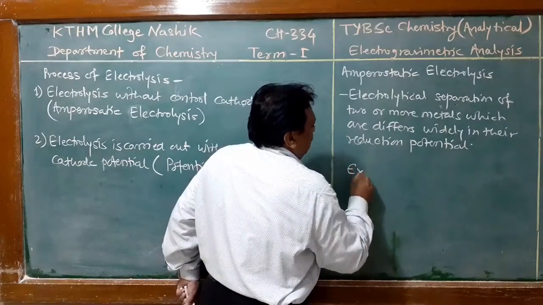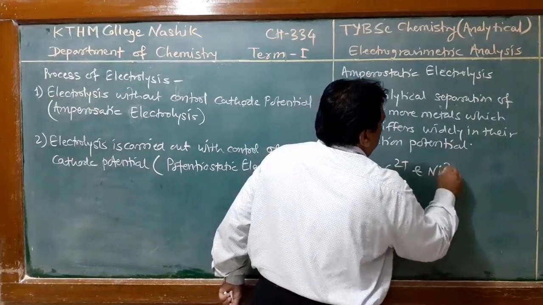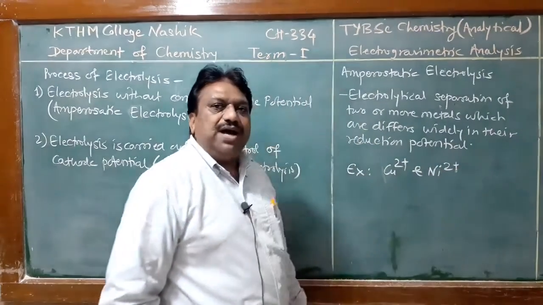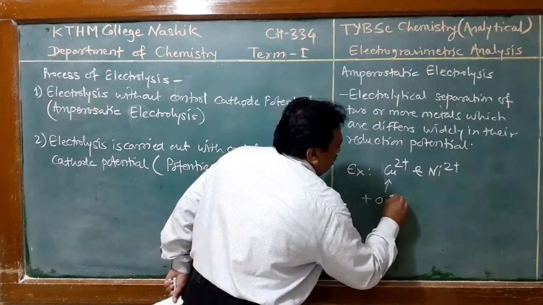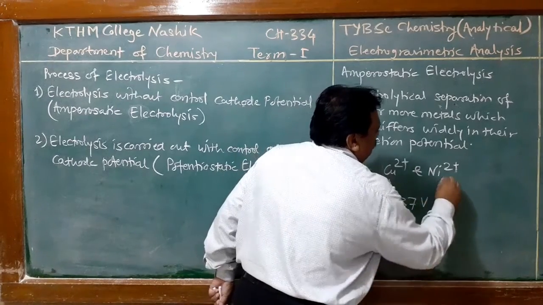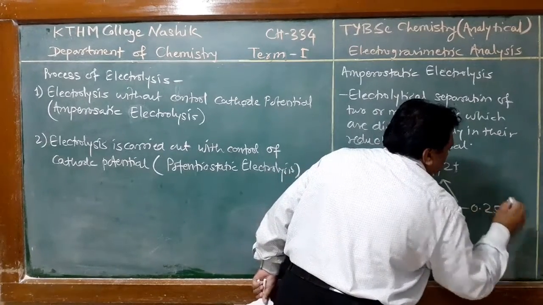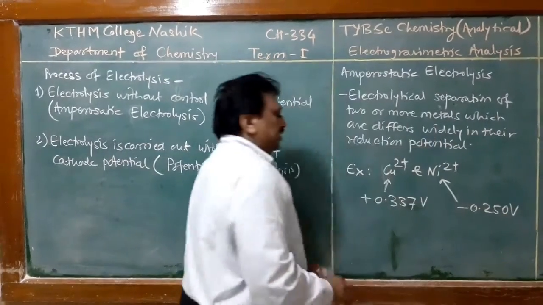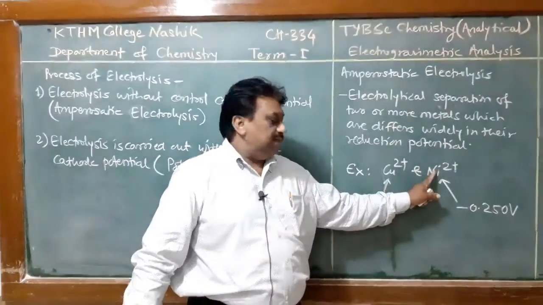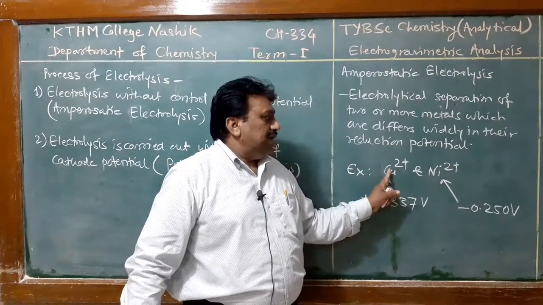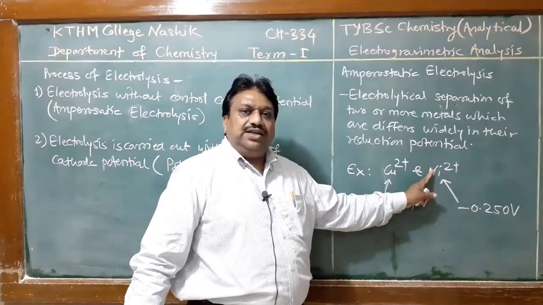For example, if we have a mixture of copper 2 plus and nickel 2 plus, we have to separate these two ions by the electrolysis process. Copper will be reduced at a potential of plus 0.3370 volt, while nickel will be deposited at a potential of minus 2.50 volt. Therefore, there is a wide difference in the reduction potential of these two metals, and we can carry out electrolytic separation of copper and nickel without interference.